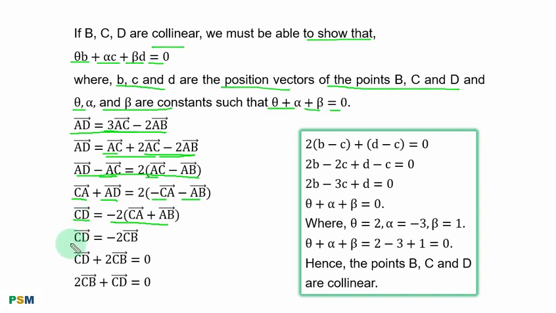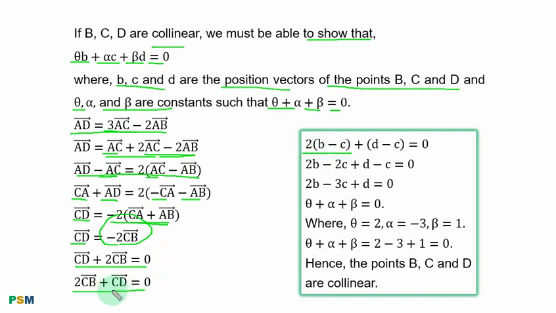So we have vector CD equal to minus 2. If you add these two vectors, you have vector CB. If you transfer this to the left, you have this result, which can be written in this form. Now, vector CB simply means vector B minus C. Then 2 will multiply it.